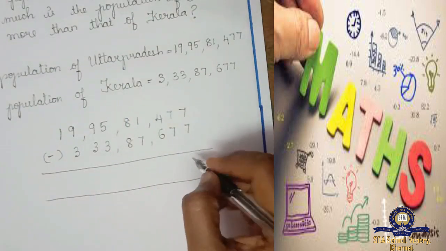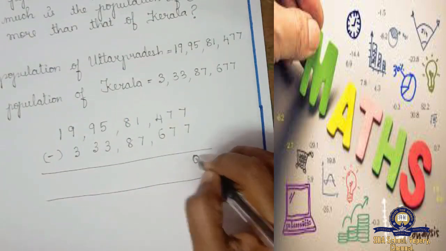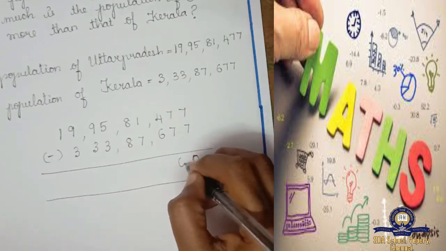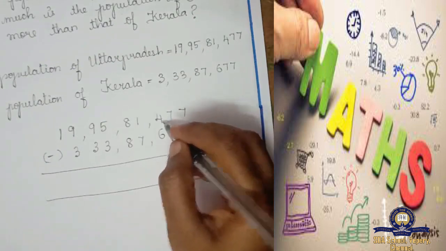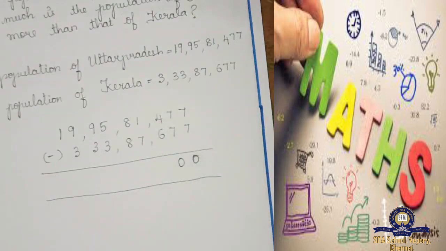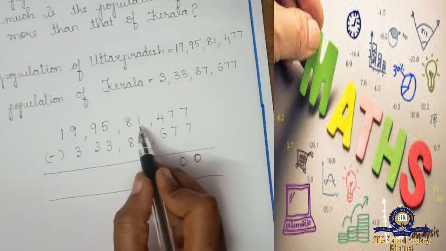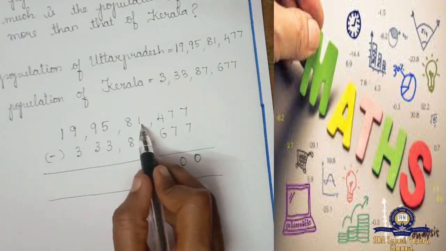Okay. 7 minus 7 is, of course, 0. Again 7 minus 7 is 0. So from 4 we cannot subtract 6 because 4 is smaller than 6. So we have to borrow. If we borrow here, this place will become 0, right?